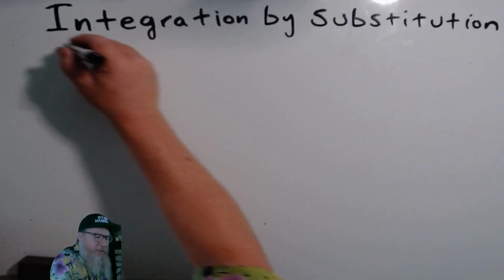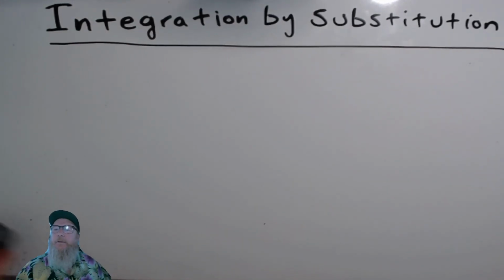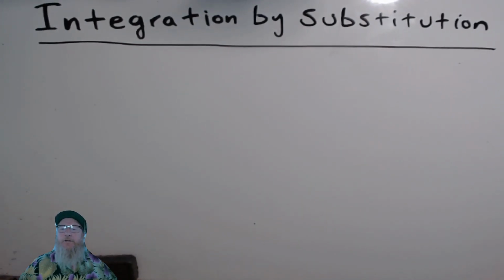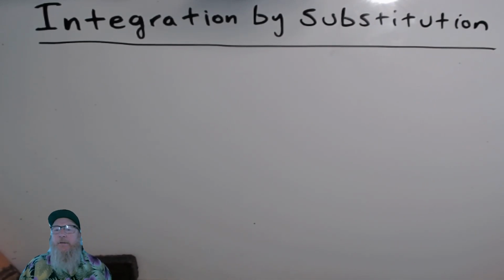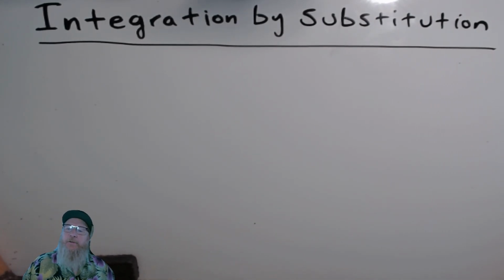Today we're going to learn about integration by substitution. As I mentioned previously, there is no product rule and there is no quotient rule for an integral, and there never will be.